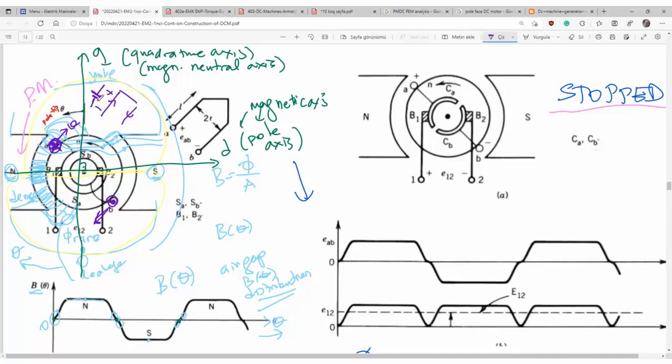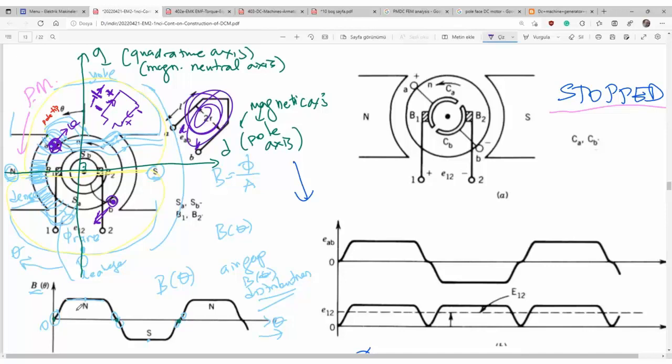To have such a current, you should induce plus and minus polarity. So here it is reversed. Perhaps it is given in a different direction. It doesn't matter. What you see is important.